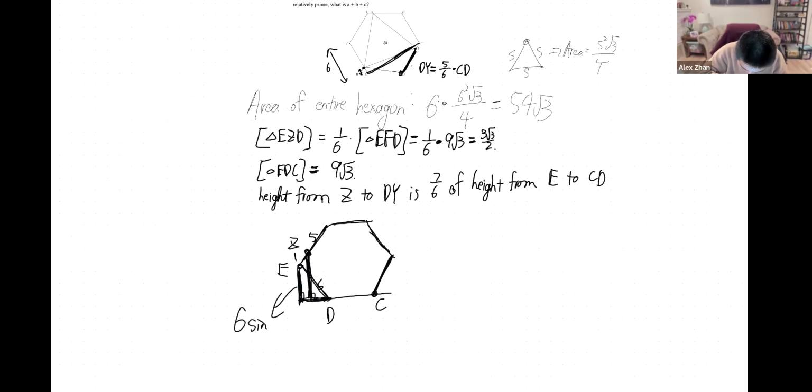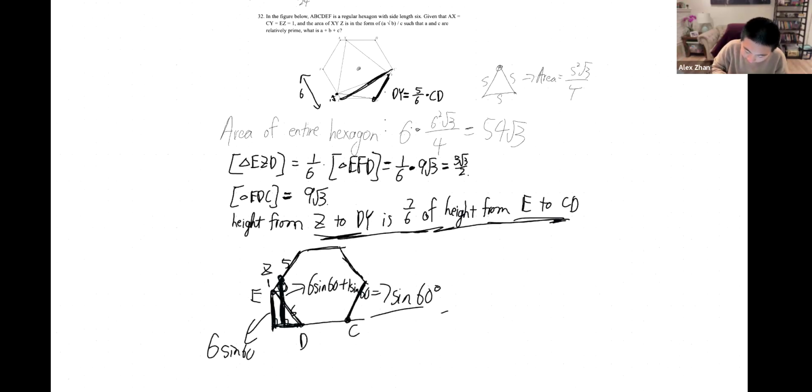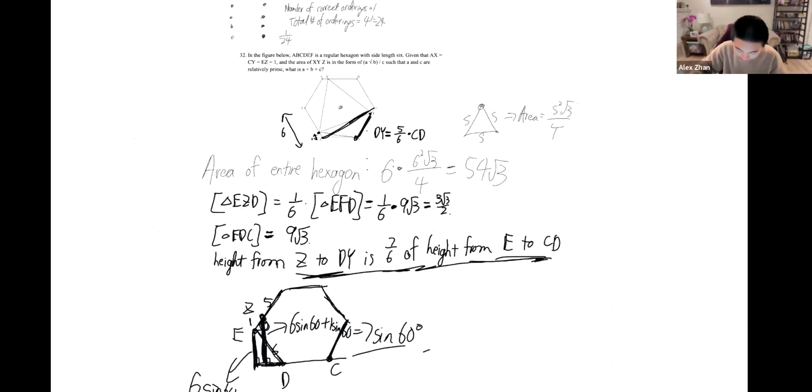Meanwhile, this length is going to be 6 times sine 60 plus this extra 1 times sine 60, which equals 7 times sine 60, right? So that's why the height from Z to DY is 7/6 of the height from E to CD. And as we said earlier, the base DY is 5/6 of the base CD.